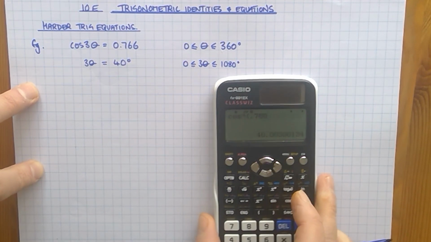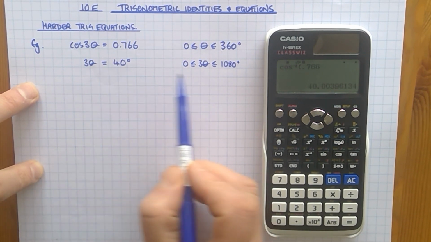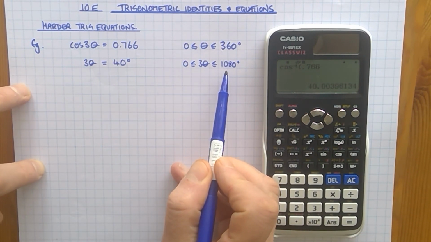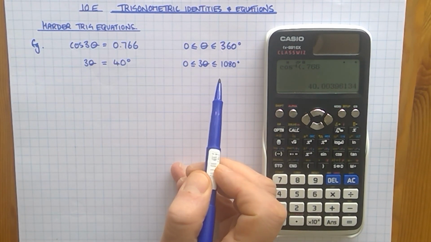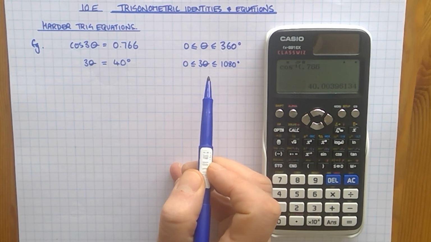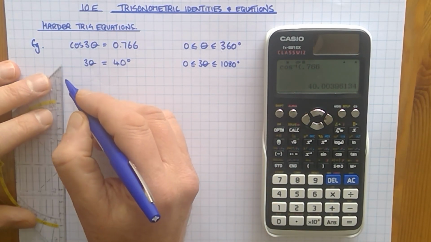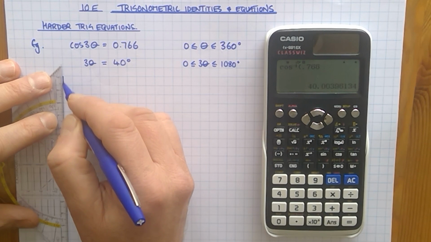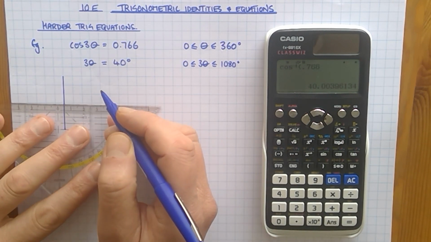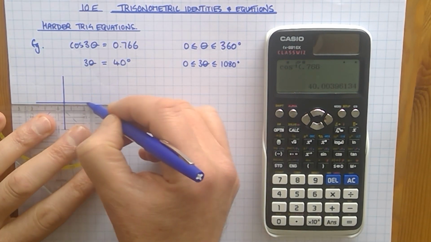That's just our primary value. We can have any value of 3 theta between 0 and 1080, so we'd better do a little CAST diagram here, or if you want to draw out the graph for cosine, feel free to do it that way.